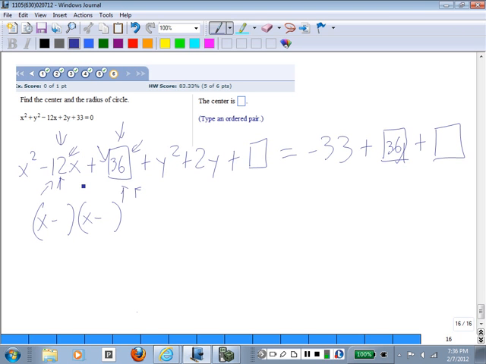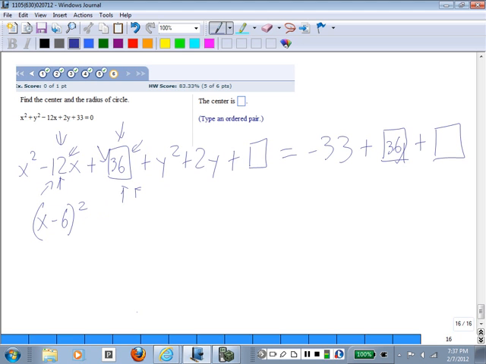So you put a 6 there and a 6 there. That way, negative 6 times negative 6 gives you 36, and negative 6x plus negative 6x gives you the negative 12x. So if we follow the two-step process of taking half of the negative 12 and then squaring the result, we get the number that makes a perfect square trinomial.